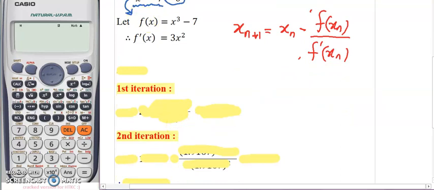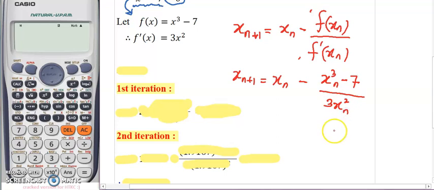Then with this f(x) and f prime, later in our iterations, the framework will be something like this: x(n+1) equals xn minus, so what we have here, f(xn), which is xn to the power of 3 minus 7, divided by 3 xn squared. So this is the framework we're going to apply for the calculations using the Raphson method.